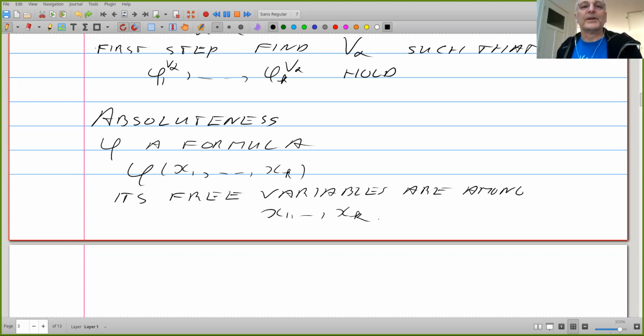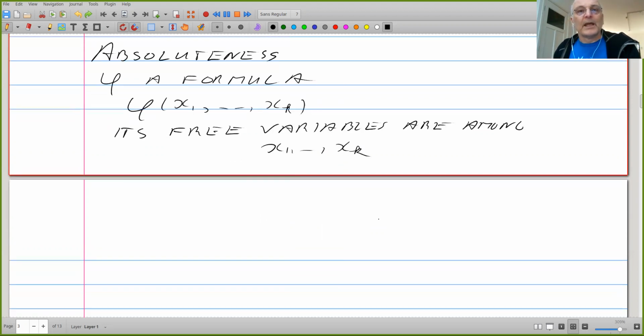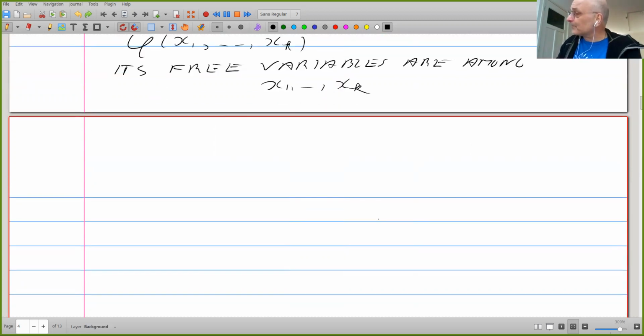What we want to do is substitute elements of sets for those particular variables x1 up to xk, if possible. You can only substitute for free variables, and so the variables in the formula phi that are free are among x1 up to xk. We say among because every now and then we put a quantifier in front, and then one of the variables is no longer free, but we still want to keep that letter in the formula. It's nothing more than notation for now.